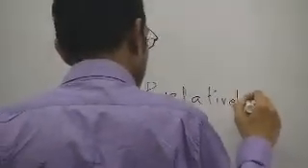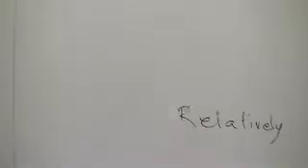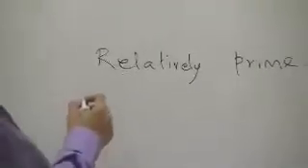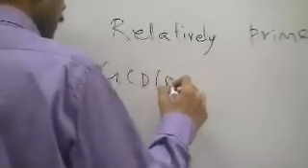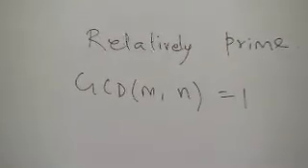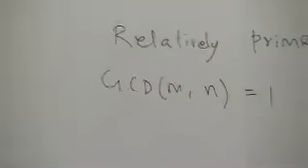There is also something called relatively prime. Two integers m and n are said to be relatively prime if the GCD is 1. And this is what we are going to use.